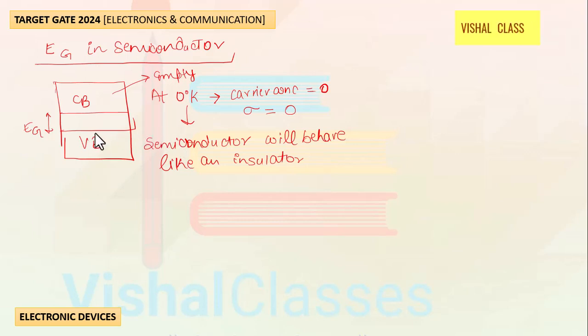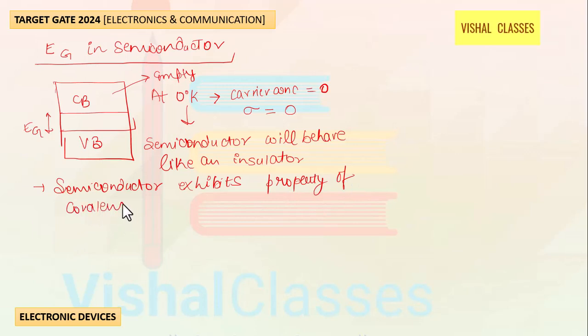Semiconductor exhibits the property of covalent bonding, which is basically sharing of electrons.